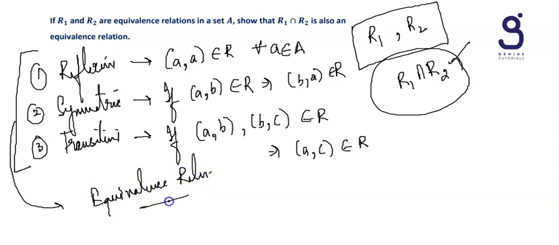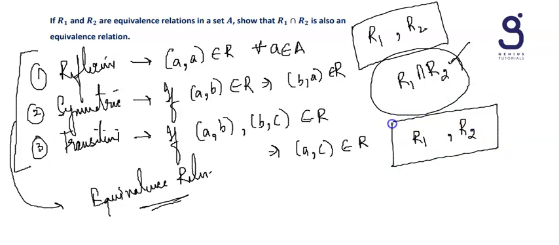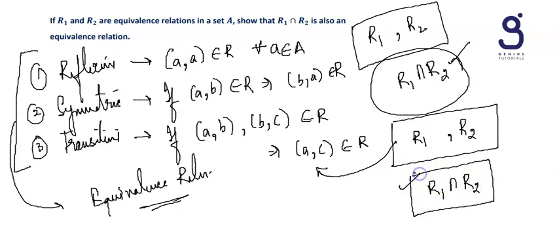Okay, so I hope the definition of an equivalence relation is clear to you. Now it is given that we have two relations R1 and R2. They are equivalence relations, which means they satisfy these three conditions. We need to prove that their intersection, R1 intersection R2, will also be an equivalence relation.